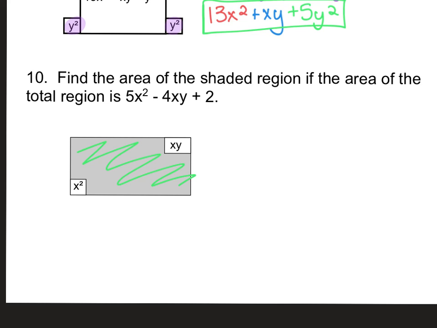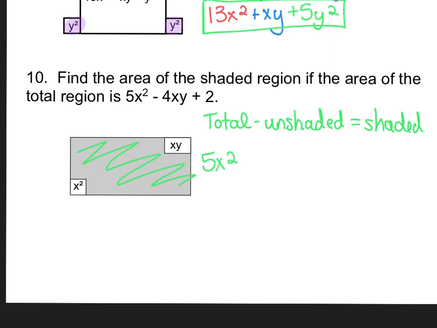So this is very similar to number 8, where we would do the total minus unshaded, and that would give us our shaded. So we know that our total is 5x squared minus 4xy plus 2, and we need to subtract out x squared plus xy.